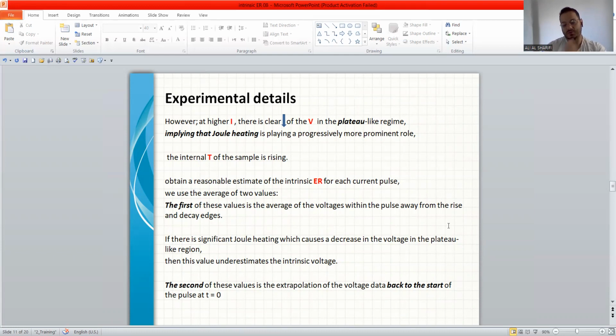After that, we will note the hysteresis phenomena about this component, and I will use another image to explain this hysteresis phenomena in a clear way. We depend on two things. The first one, the average voltage within the pulse away from the rise and decay edge. The second one, the extrapolation of the voltage from back to start.